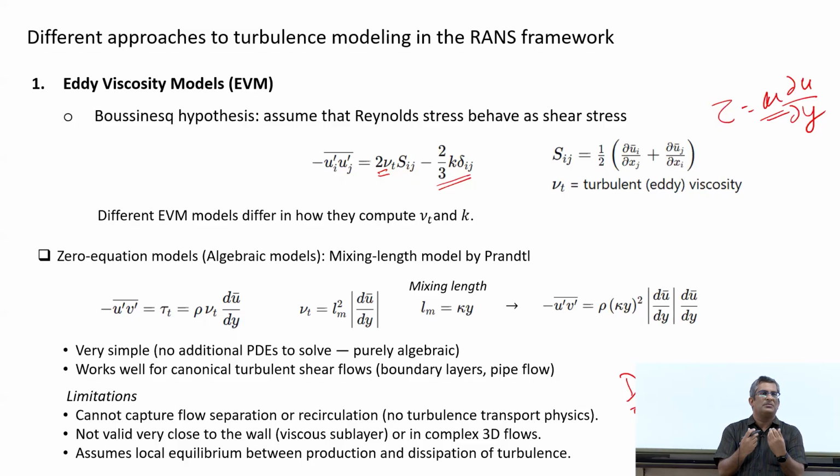According to this model, whatever is produced is dissipated, and there is negligible transport. That is the reason why the transport term is 0, and why it is unable to handle situations like flow separation or recirculation. For example, flow separation past a bluff body, it will not be able to handle that, or in other words, the accuracy will be low. Similarly, in all other approaches, there are pros and cons. This is only one example.